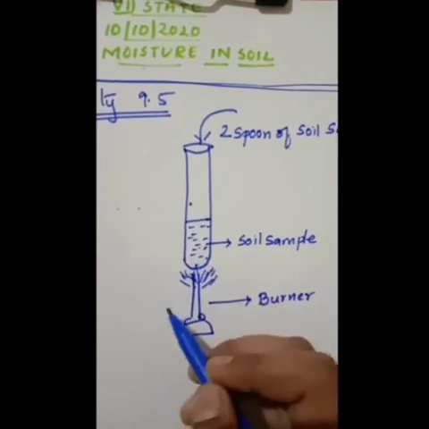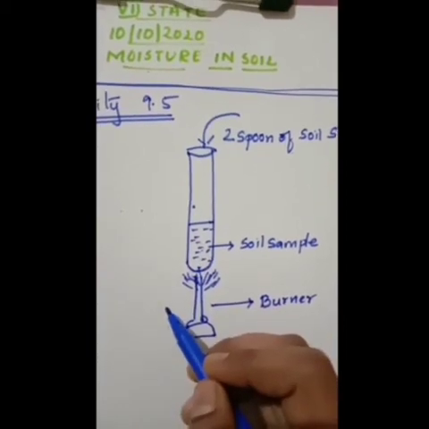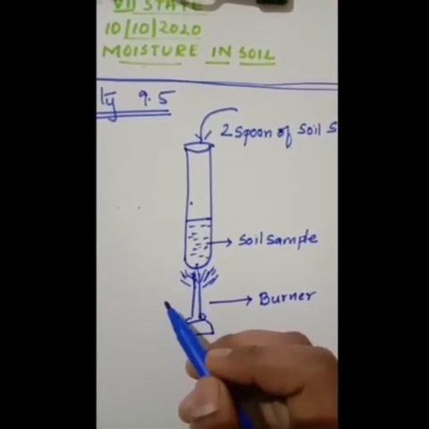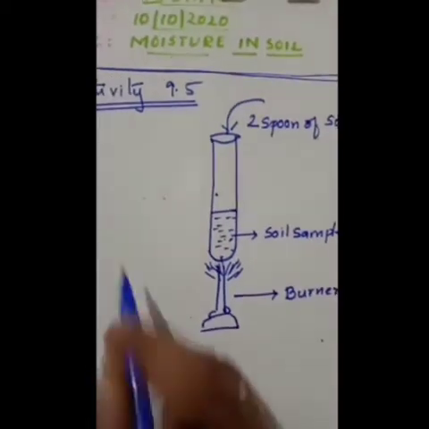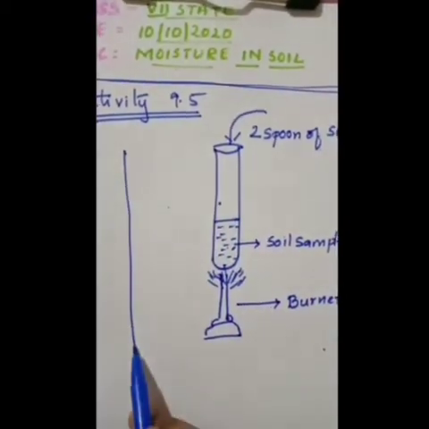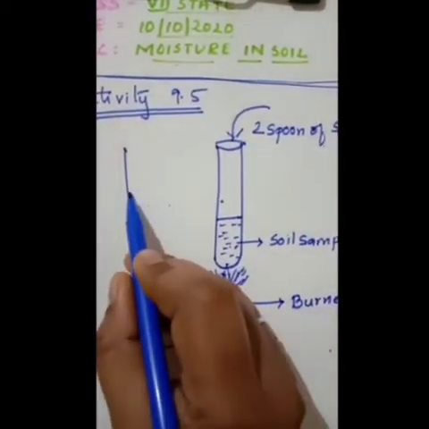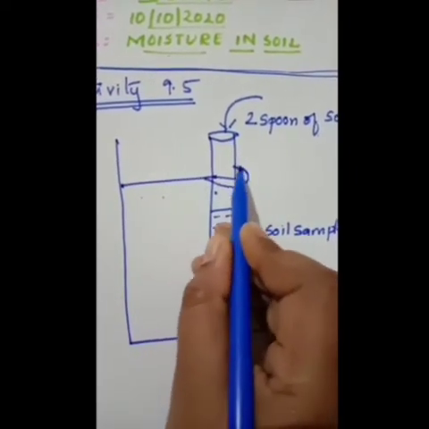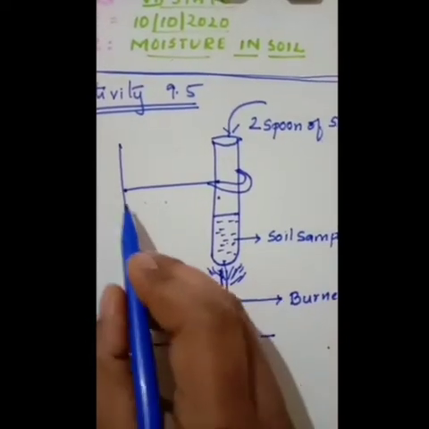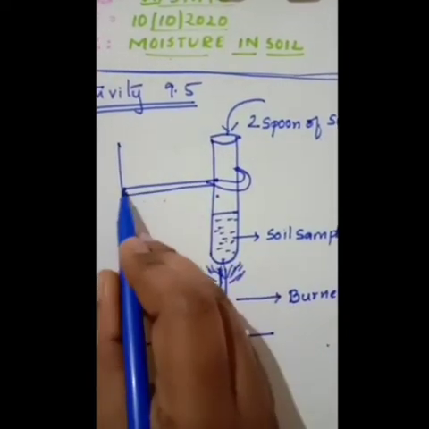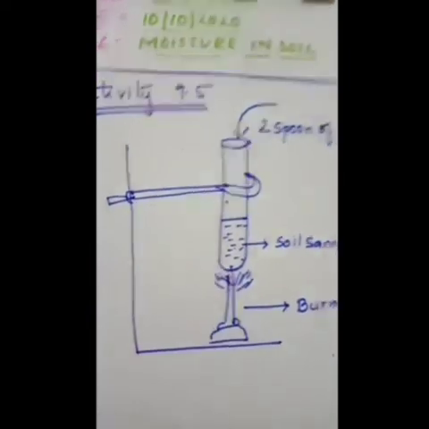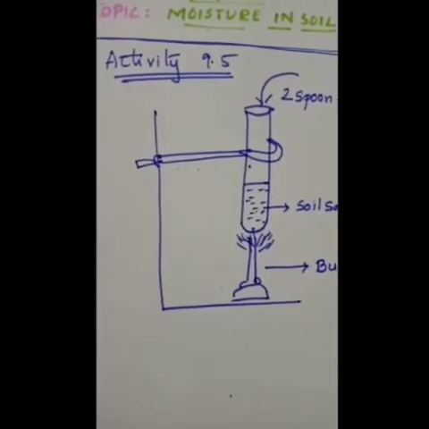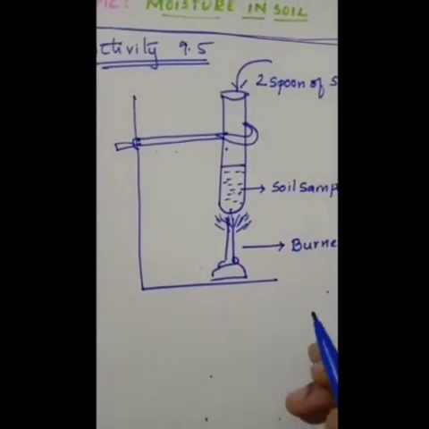And we have a soil sample inside the boiling tube, right? Now we shall see what happens. To hold this, we need a stand, because we can't handle it with bare hands. So we need a stand for this. Okay? So now it's almost a rough diagram.